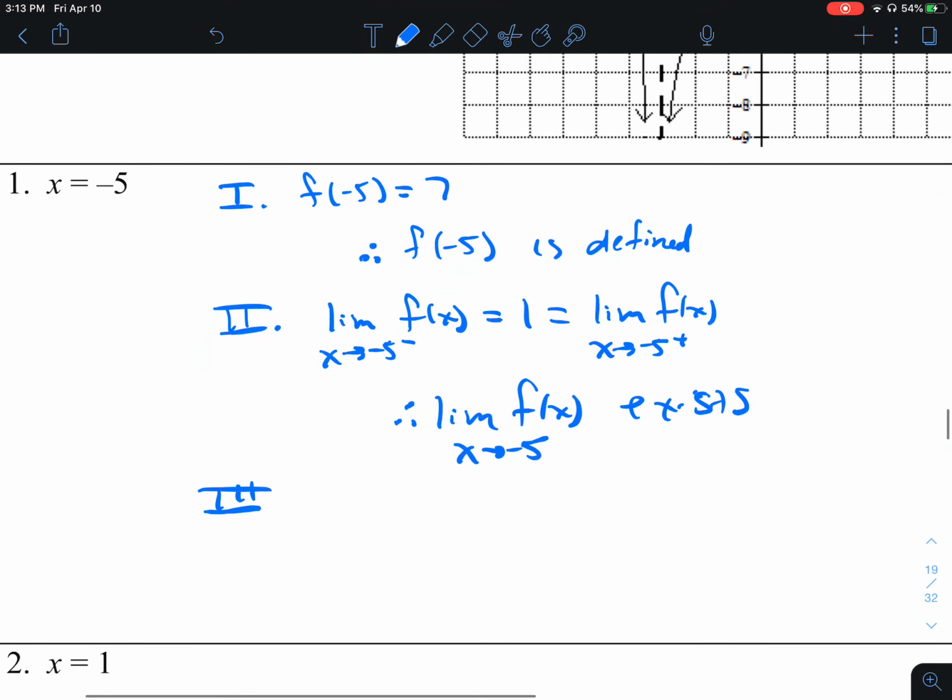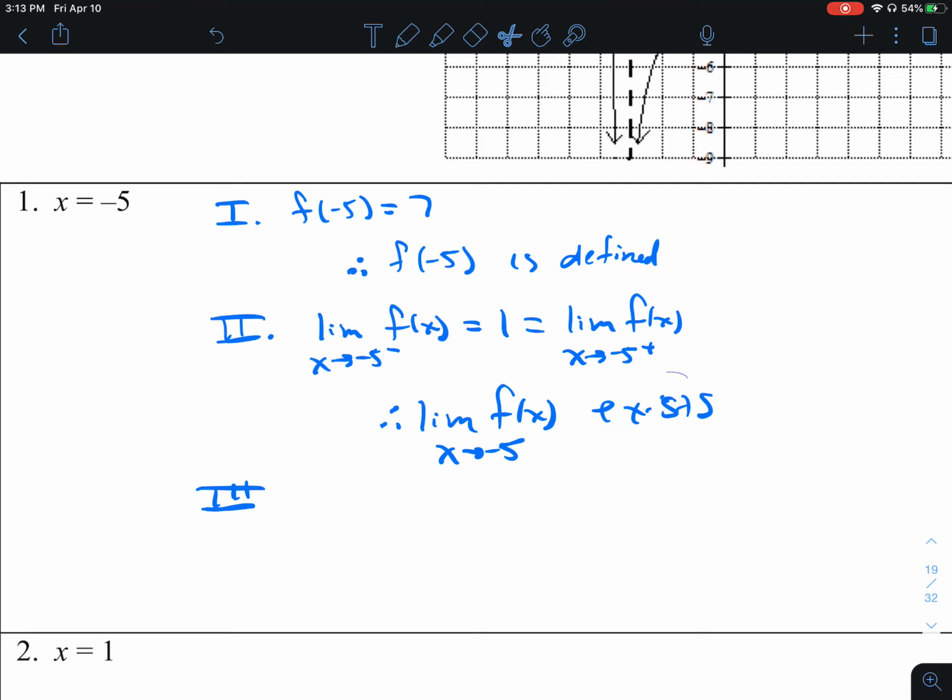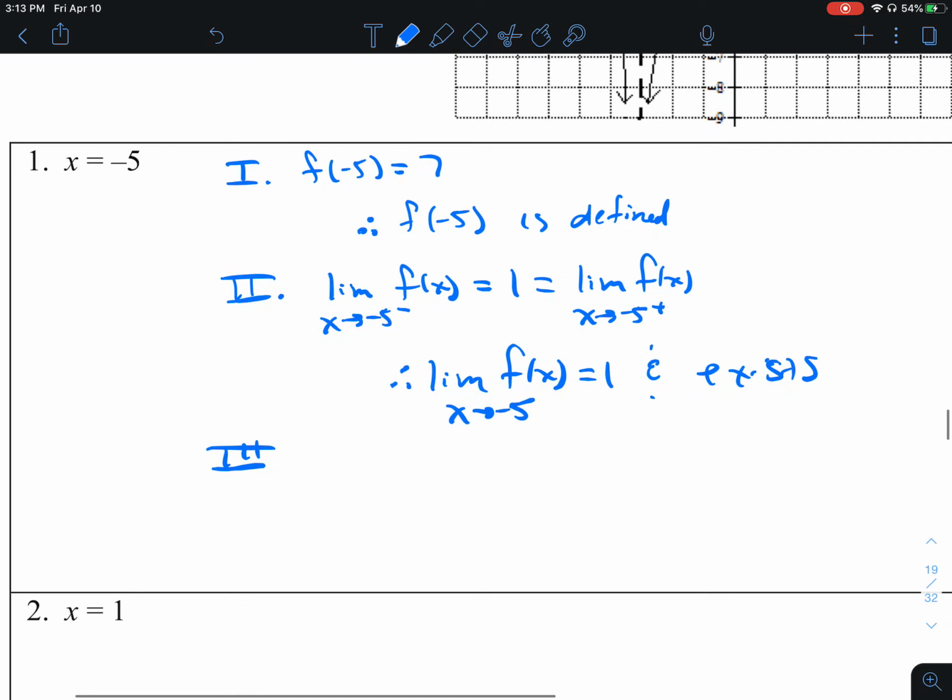Part 3, does f of -5 equal this limit? And the answer is no, because this limit is equal to 1. So we would say, let me go back here a second. Let me say the limit of f of x as x approaches -5 is equal to 1 and exists.